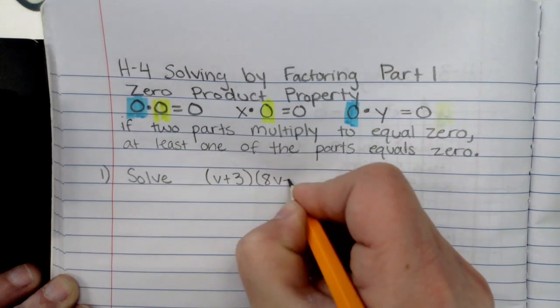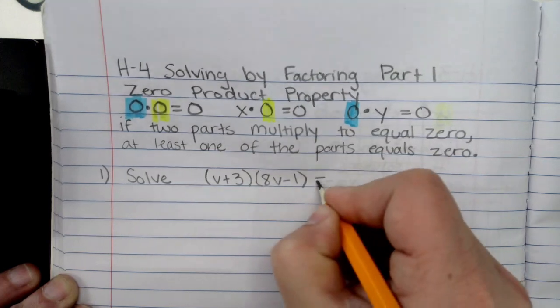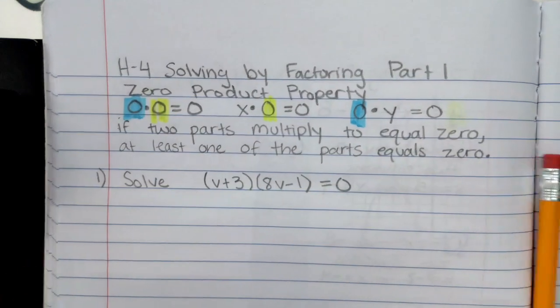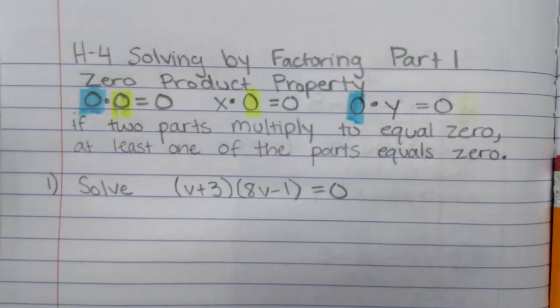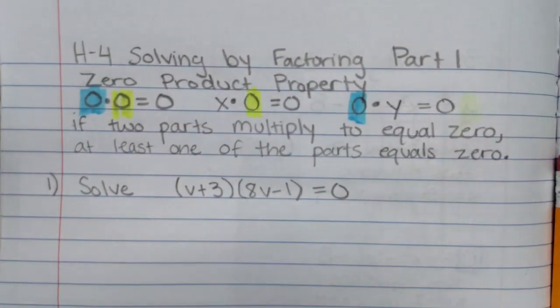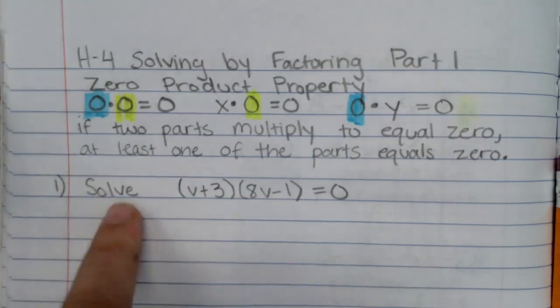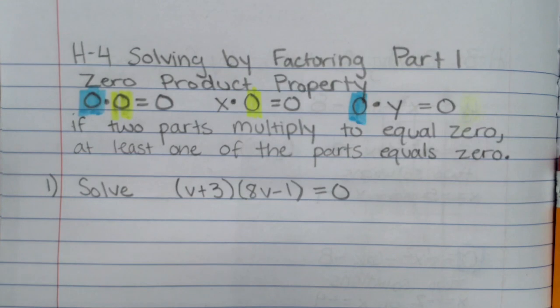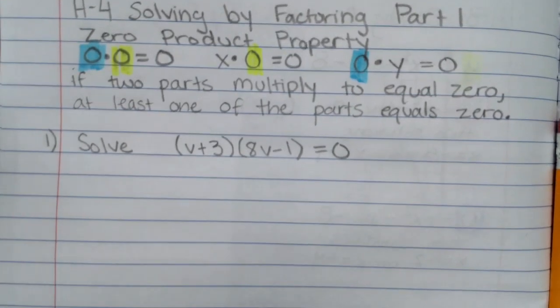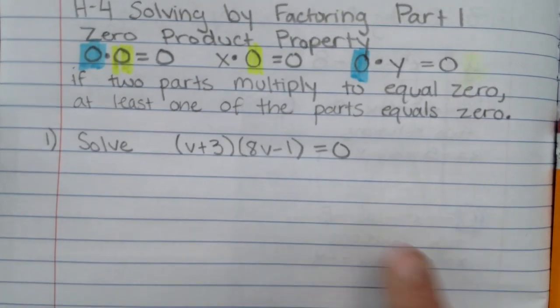Alright, so we have it equal to 0. Am I multiplying two parts to make 0? Yeah, what's the first part I'm multiplying by? Yeah, v plus 3. So I could make v plus 3 equal to 0. And I'm going to solve that.